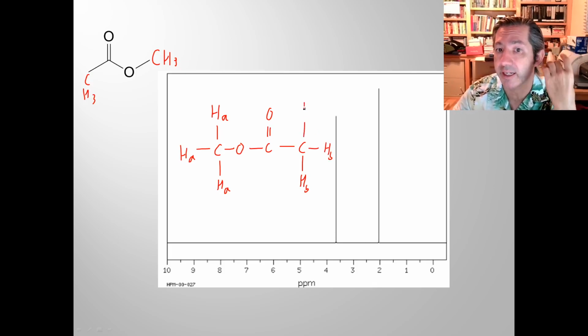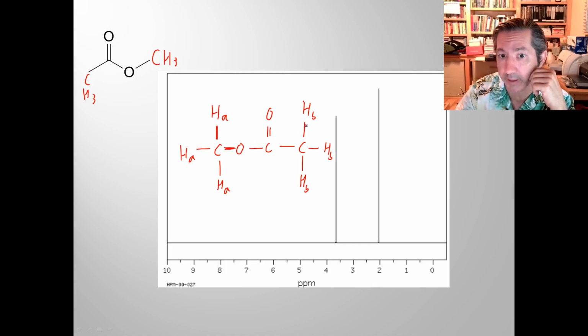That's a different chemical environment. These guys are experiencing different things. There's no difference between this HB and this HB, but there's a difference between this guy and this guy. And you just count the bonds. 1, 2 bonds, you hit oxygen. Over here, 1, 2, 3 bonds, you'll hit oxygen. So HB is going to be more shielded.